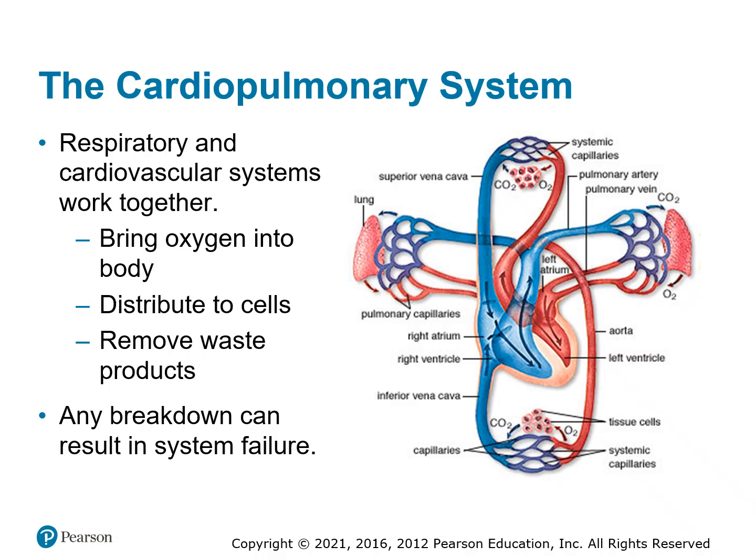And it's picking up the waste product that that cell has created, and it's taking it back to the lungs so the lungs can get rid of it. So if there is a breakdown in the cardiopulmonary system, then you would see, obviously, signs and symptoms of shock, right?